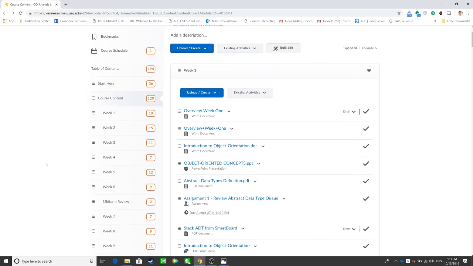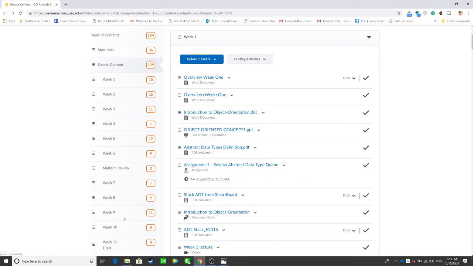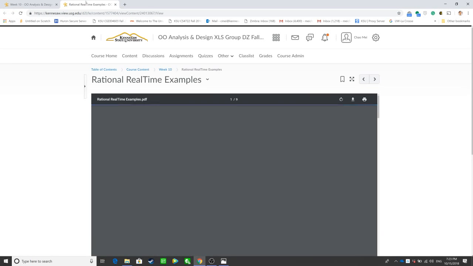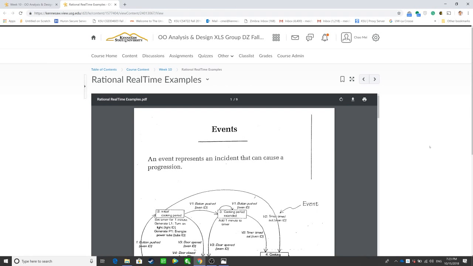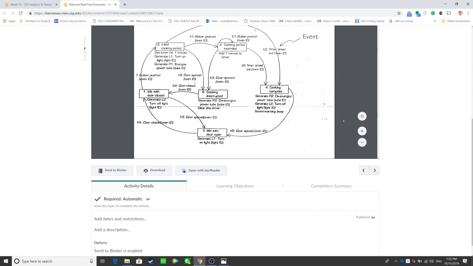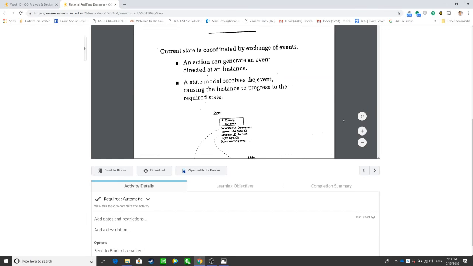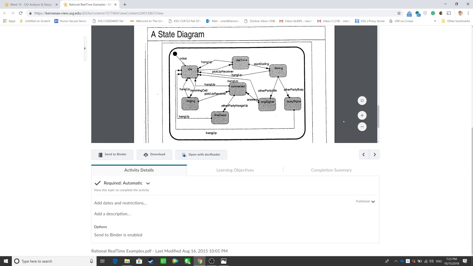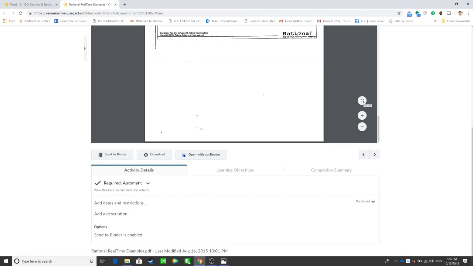Let's see. Okay, so this is an example of a state diagram.